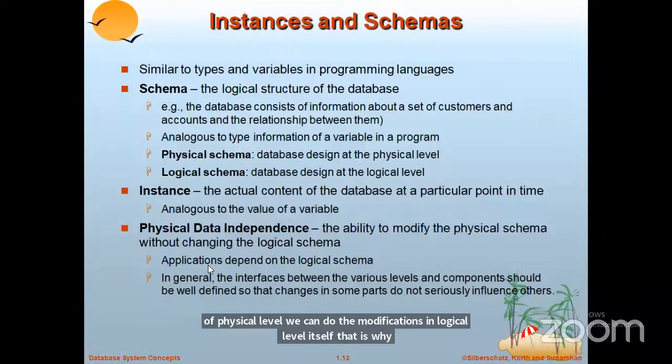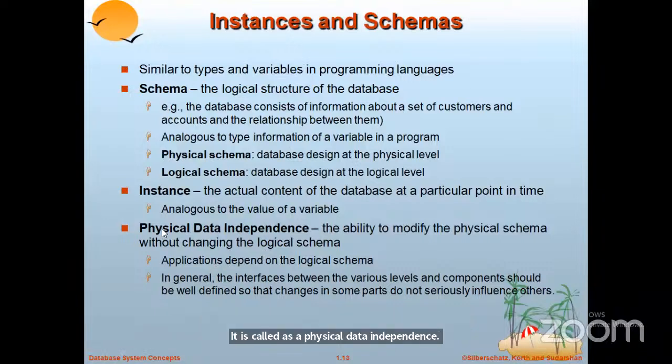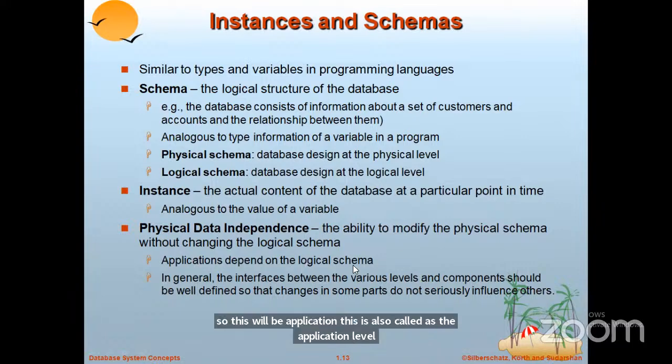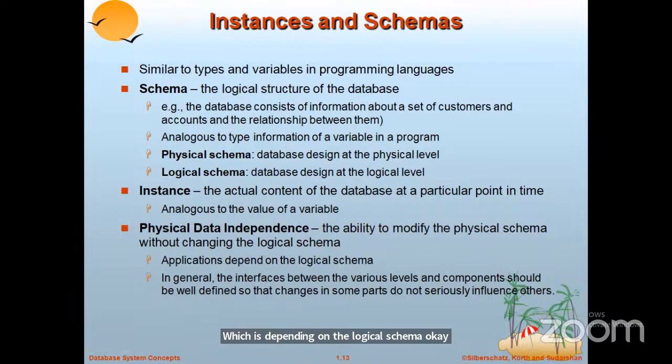This is also called the application level, which depends on the logical schema. You need to remember three levels of abstraction: first the physical level, the lowest level, then the logical level, the second level, and the view level. In the logical level you have physical data independence.